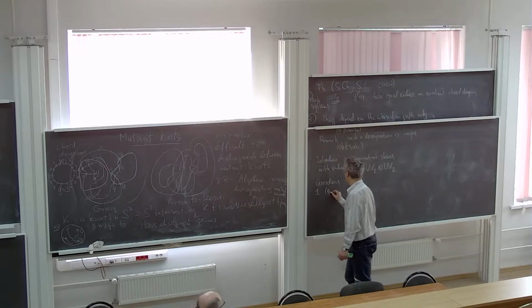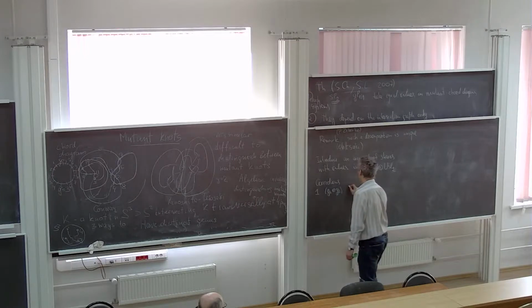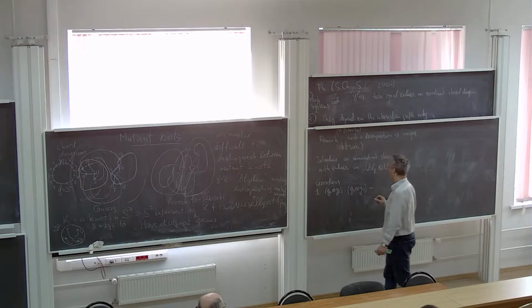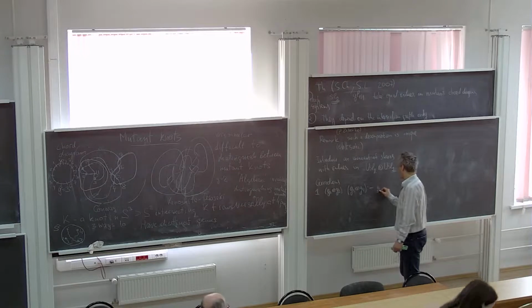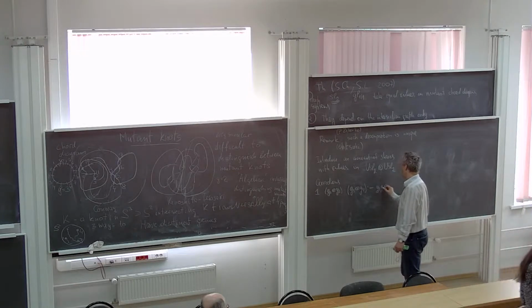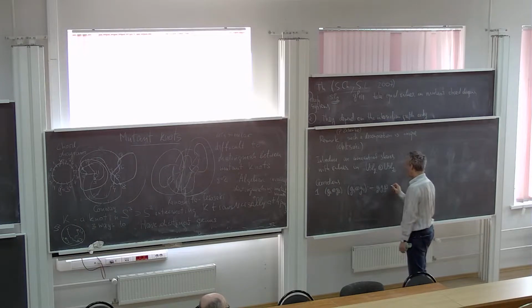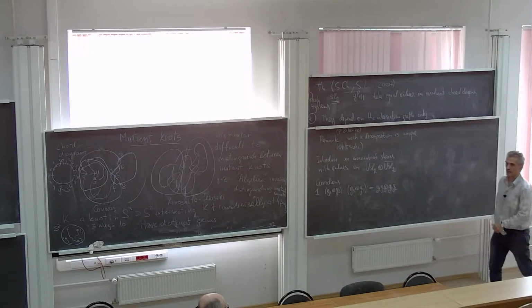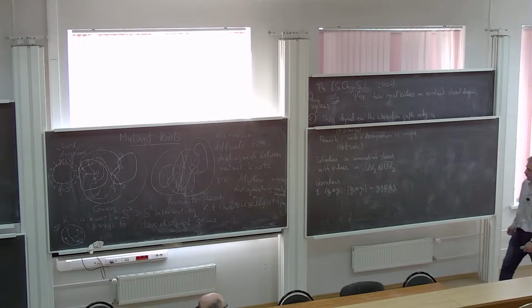So G1 tensor G2 times G3 tensor G4 is defined as follows: G1 G3 tensor G4 G2, in a different and opposite order. So probably I would take the dual one.